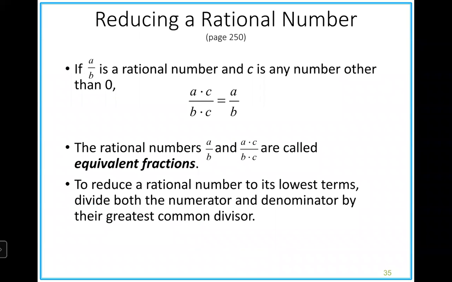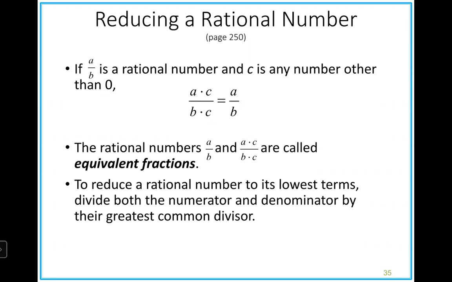Okay, now they talk about reducing rational numbers. So we can reduce rational numbers. It says if A over B is a rational number and C is any number other than 0, okay, so you could simplify it.